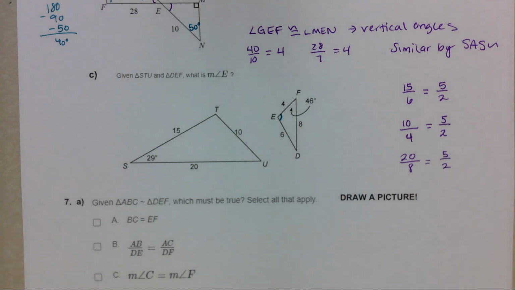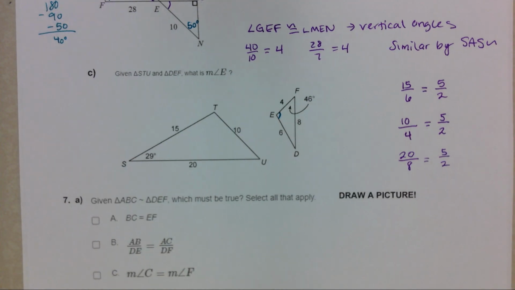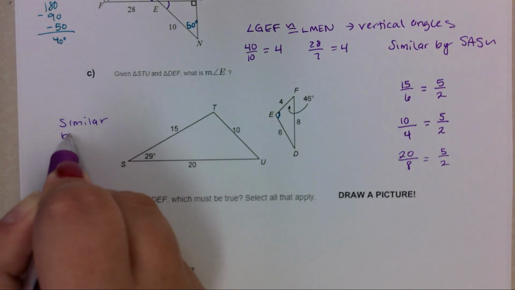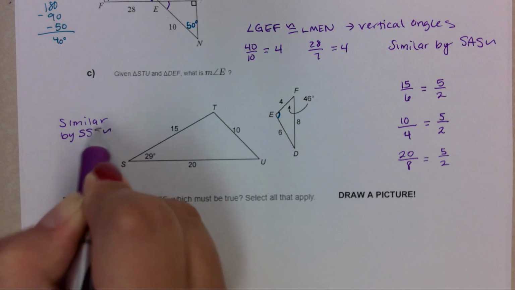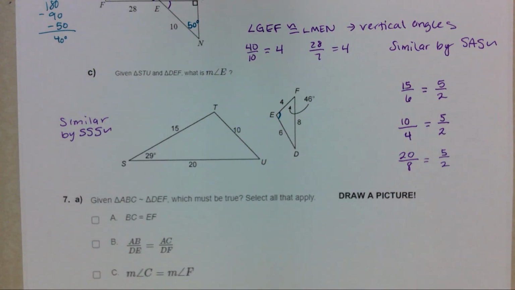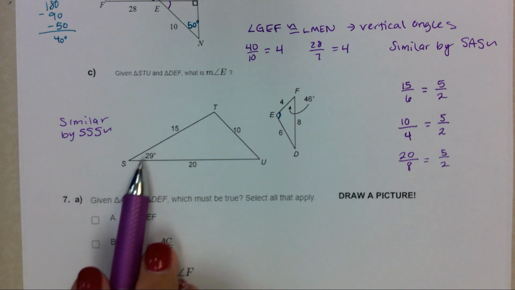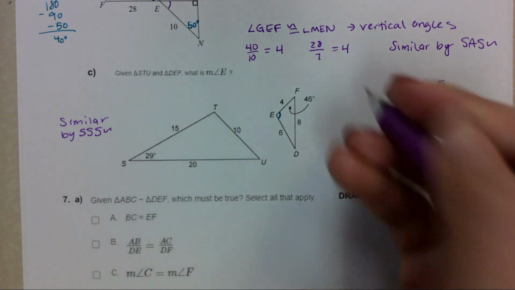So since all of our ratios are the same, the side lengths are proportional. So yes, these triangles are similar by side similarity. Therefore, our corresponding angles are congruent. So if angle S is 29 degrees, then angle D is 29.